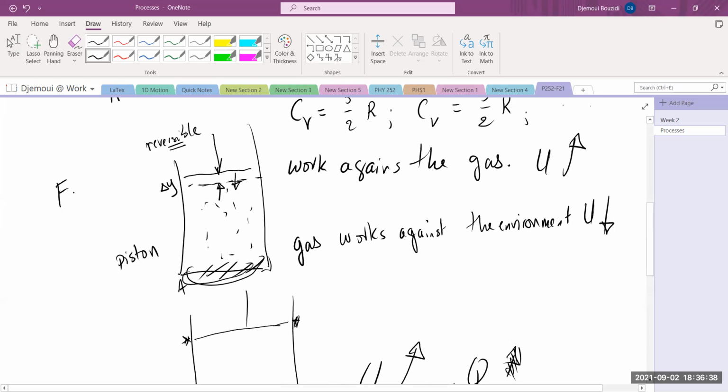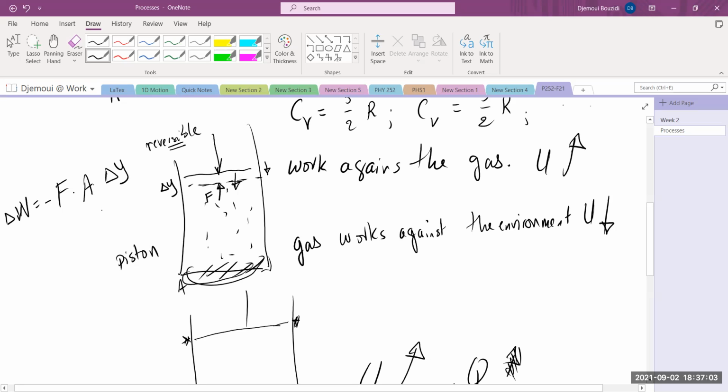In this case, the pressure is, of course, force over area. That's what the pressure is. And this is where the force resulting from the pressure is pointing, and this is where the displacement is. So this must be a work that I need to provide, and this work is clearly negative. I'm going to call this one delta W, and this is where the delta Y is.